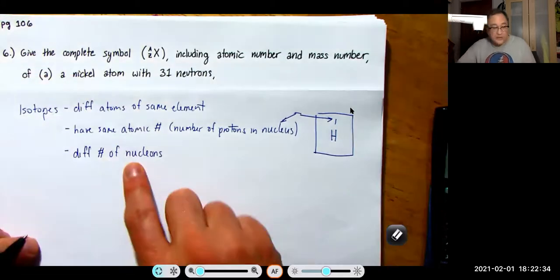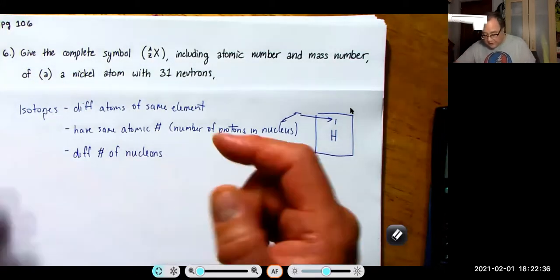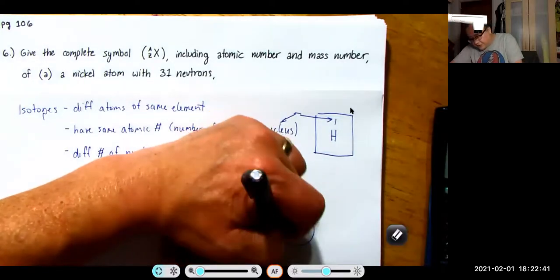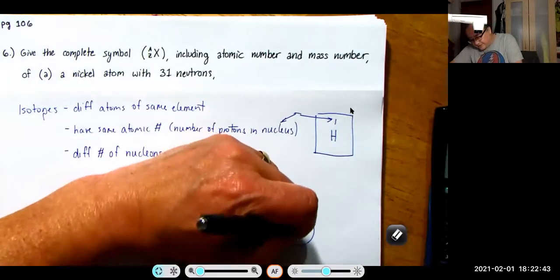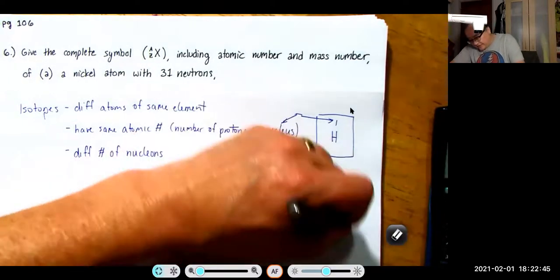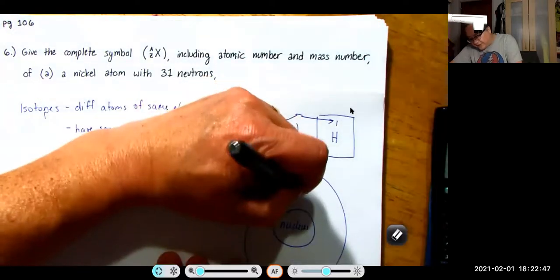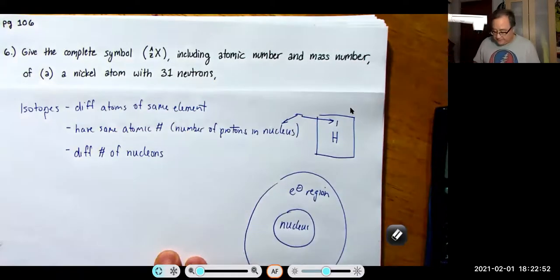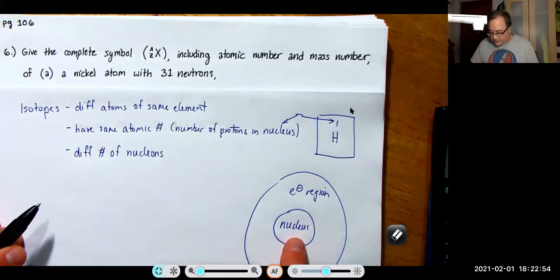So we know that nucleons are things that are in the nucleus. So if we look at an atom, here's the nucleus. And here, this is the electron region. This E with a negative stands for electron. The nucleus is where you find nucleons. Now, this is a cartoon of an atom.